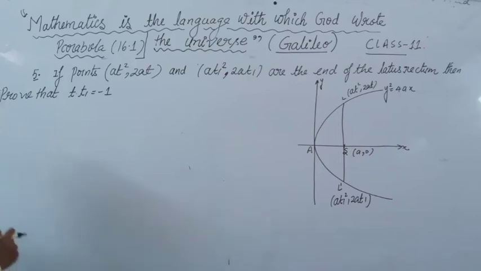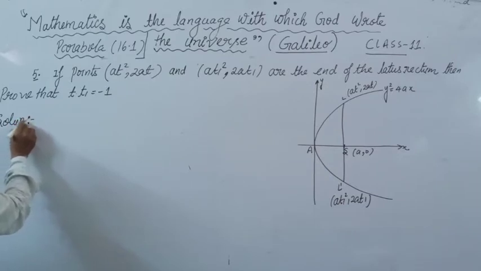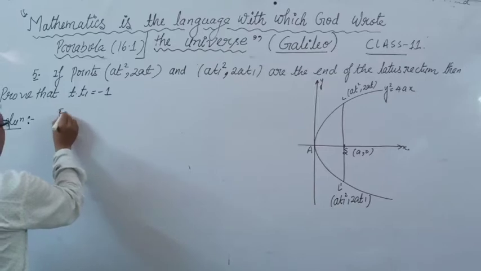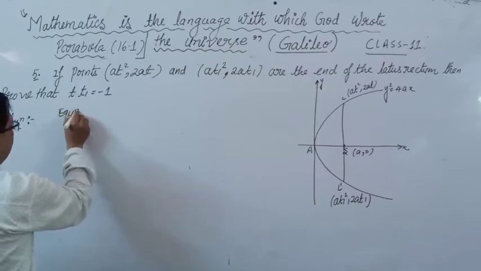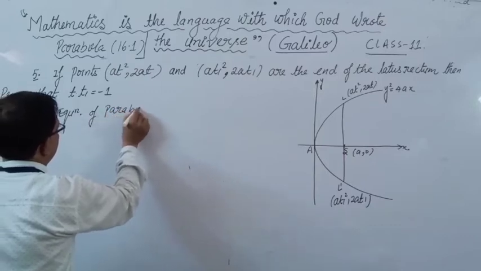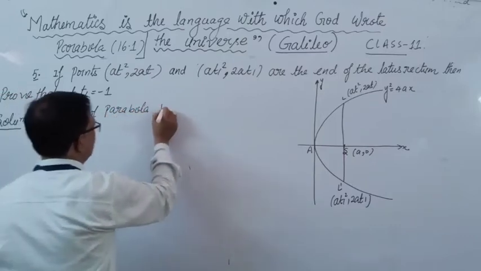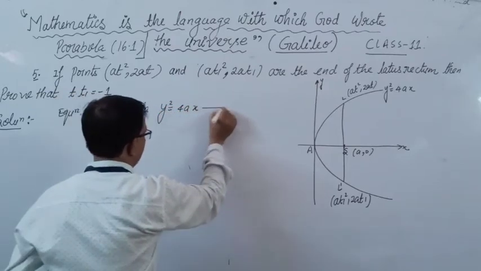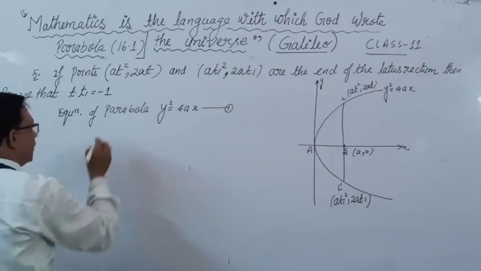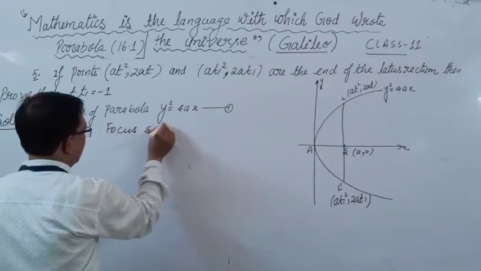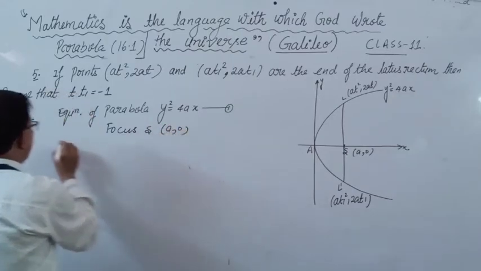Now we start the question. First we write the equation of the parabola. Equation of parabola: y square is equal to 4ax. This is your equation of the parabola, and the focus is a comma 0.